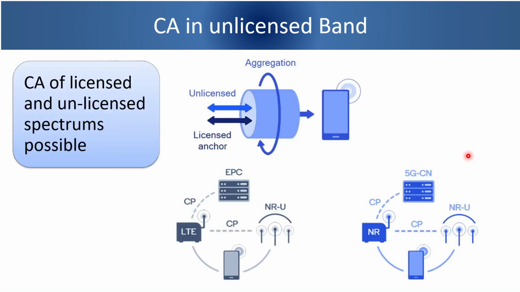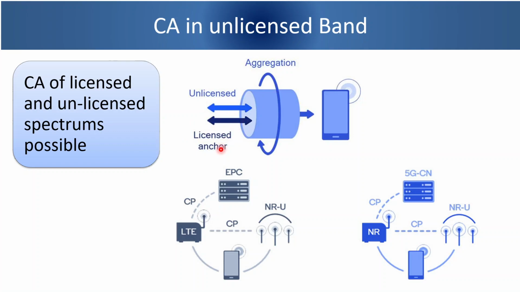Now let us look at carrier aggregation in unlicensed band. Carrier aggregation of licensed and unlicensed spectrum will be possible. When we say unlicensed spectrum, we mean the spectrum on which Wi-Fi works, 2.4 gigahertz, 5 gigahertz, 6 gigahertz; that is unlicensed band.